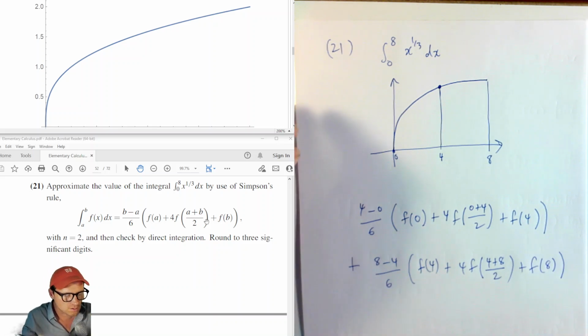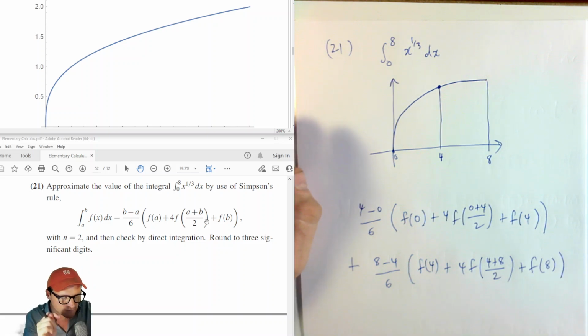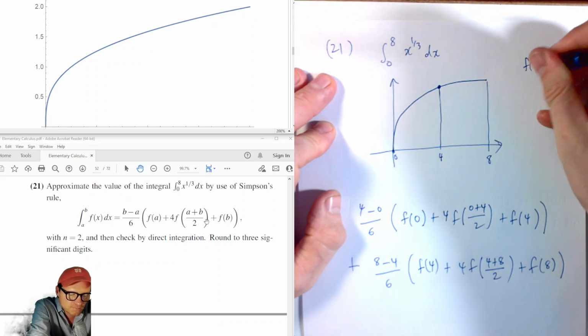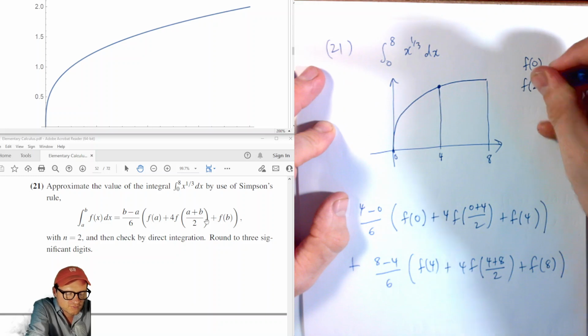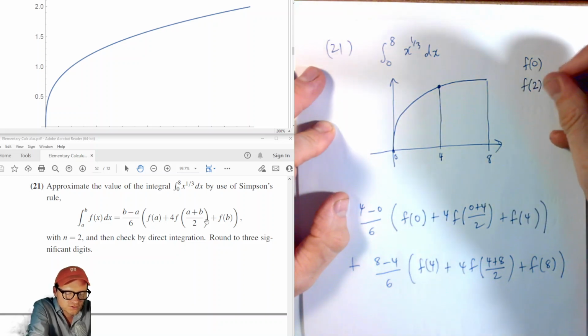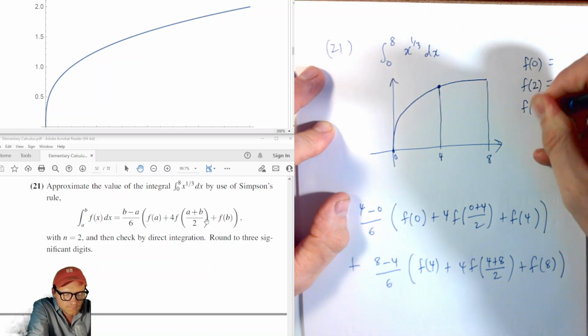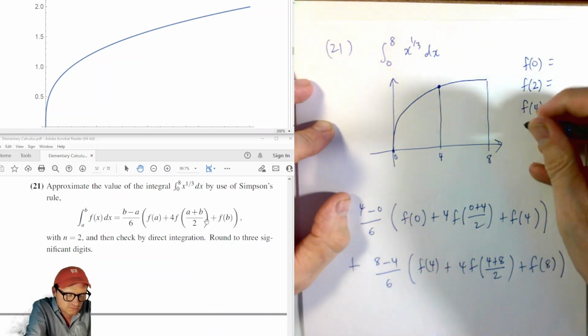Okay, so we need f of 0, we need f of 4, we need f of 2. So let's make a table, or a list. F of 0, we need f of 4 over 2 is 2. We need f of 4. In here we have 4 plus 8 is 12. 12 over 2 is 6.